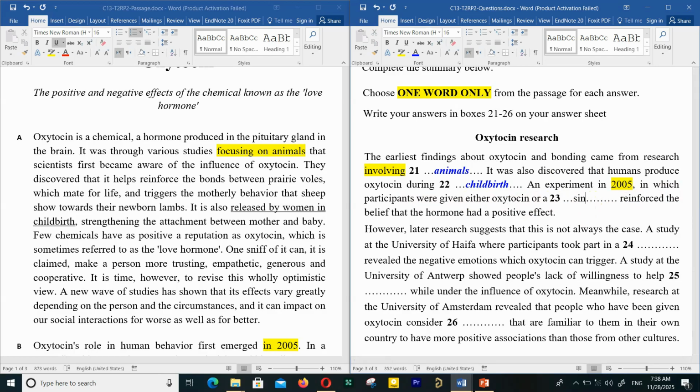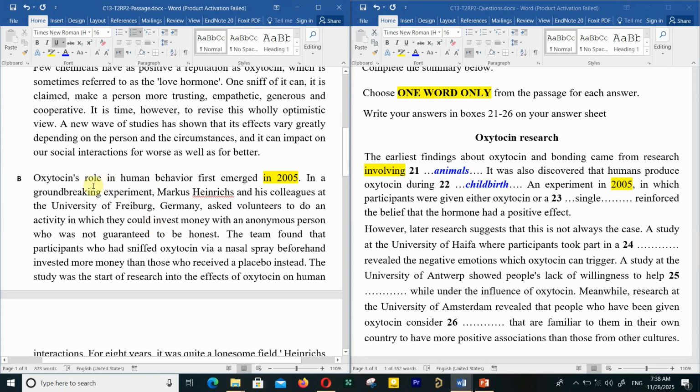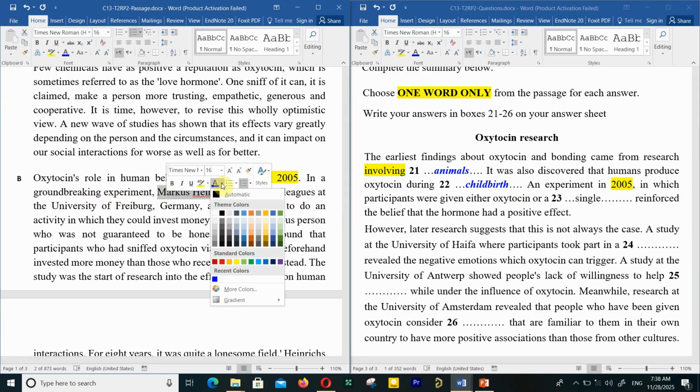Okay, this is singular, and it's related to oxytocin or something else. So moving forward, in a groundbreaking experiment, Marcus Heinrichs and his colleagues at the University of Germany asked volunteers. This is the name of the scientist that we have to look for in the next questions.